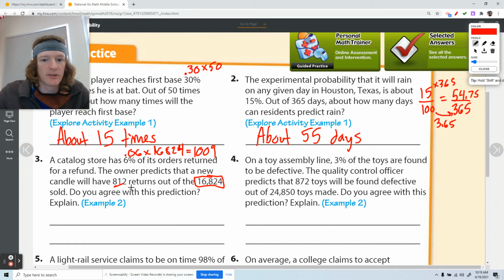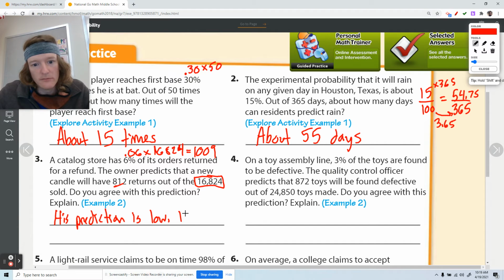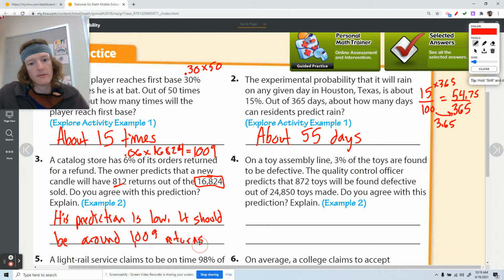Do you agree with his prediction? His prediction is low. It should be around 1,009 returns. Prediction was pretty low, wasn't it?